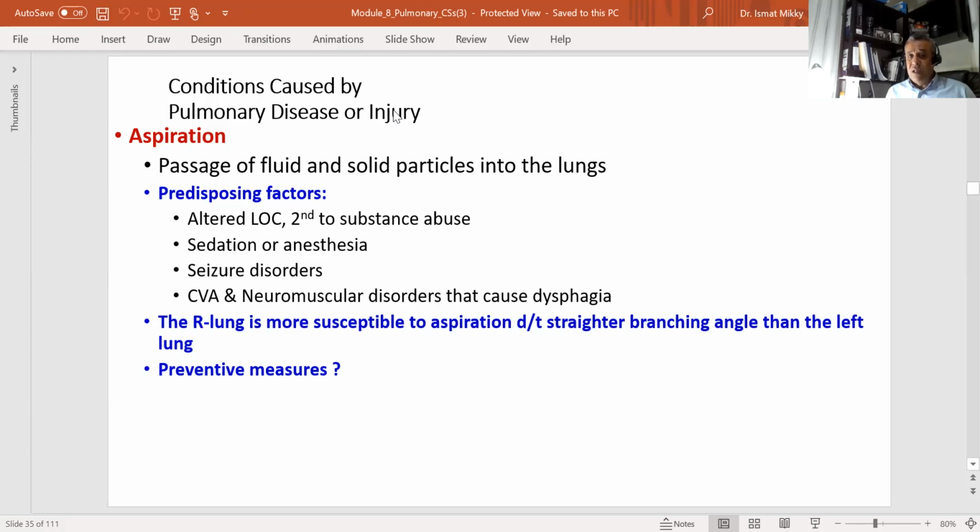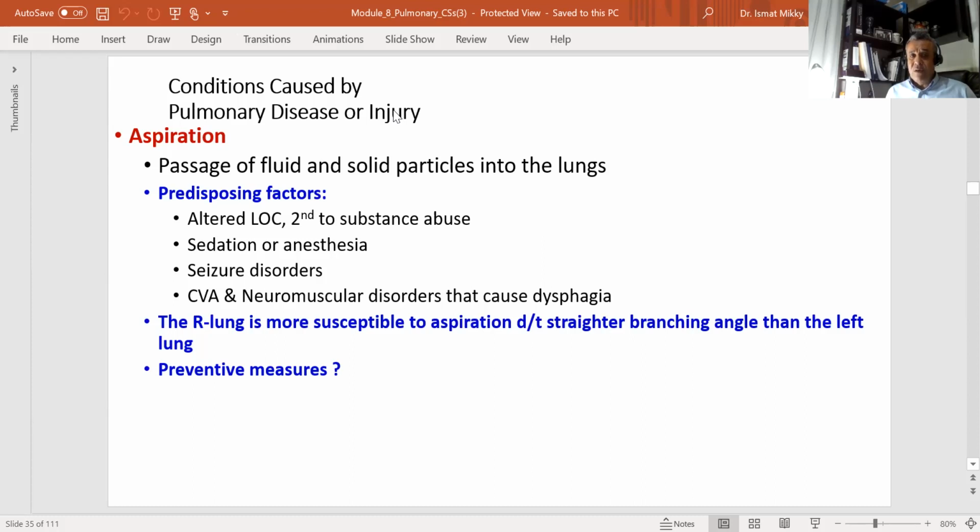Sedation or anesthesia, seizures or seizure disorders or epilepsy, CVA, and patients with a PEG tube, for example a gastrostomy tube, are at risk for aspiration.